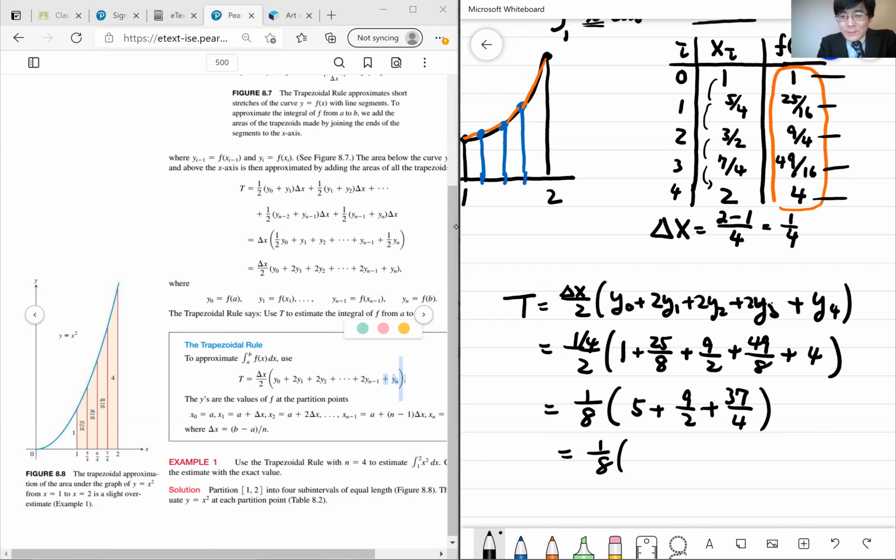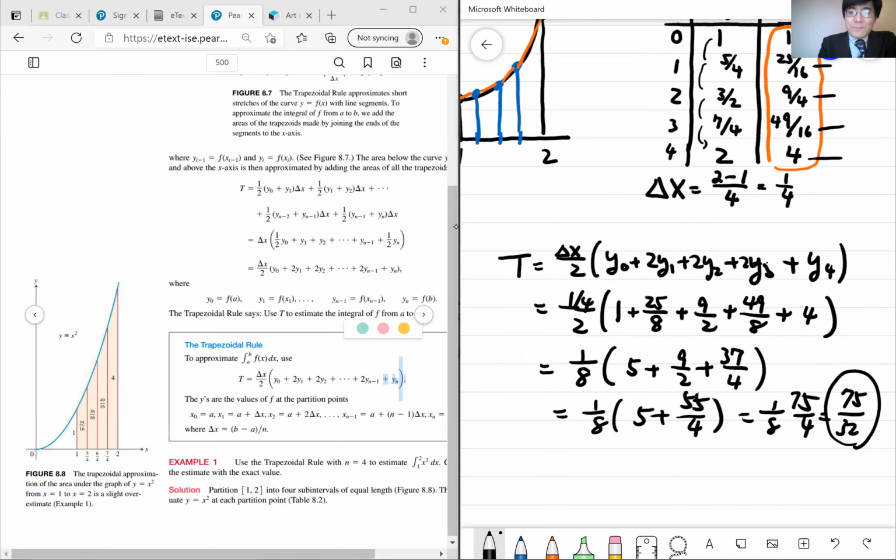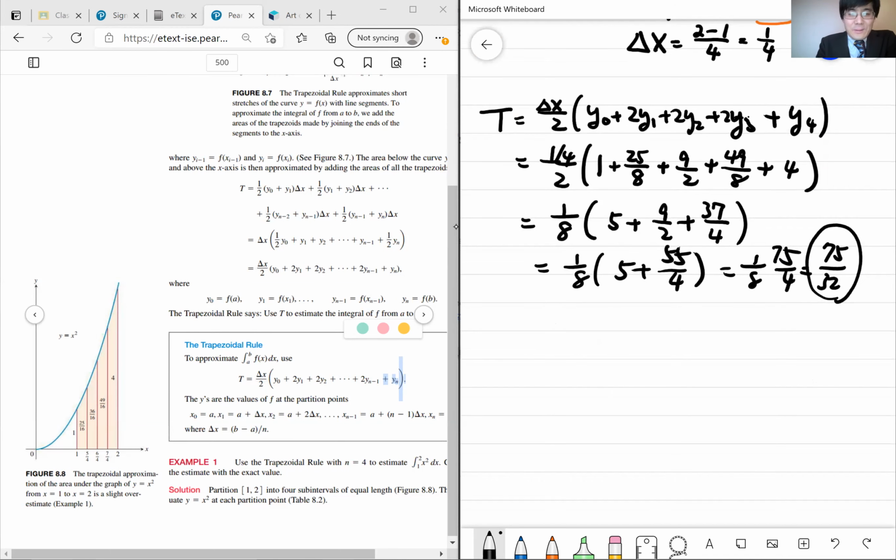So it is 475 over 32, and so on, which is 2 and 11/32. So that's going to be our approximation. So this is the estimate we obtained using the trapezoidal rule.